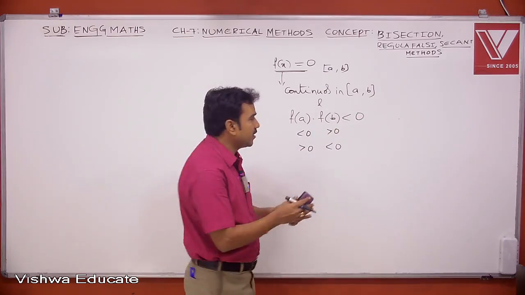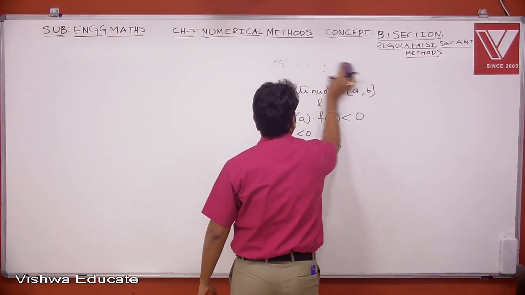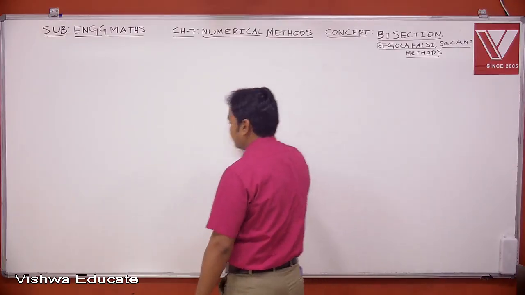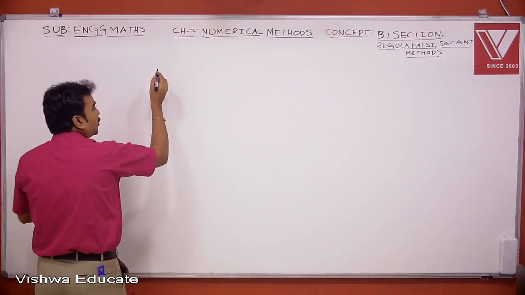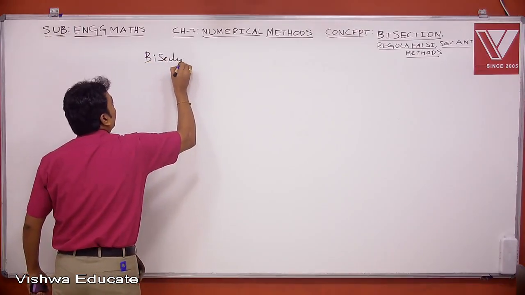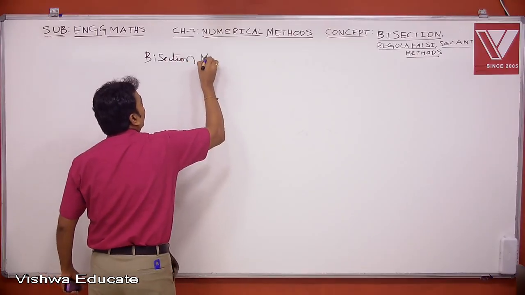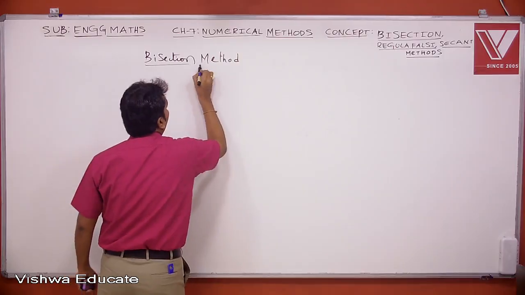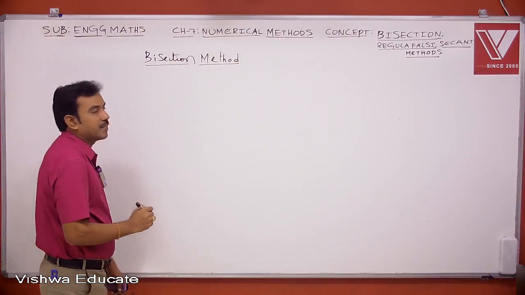Now, let us start the session with bisection method. That is method number 2 to solve algebraic and transcendental equations. Bisection method.